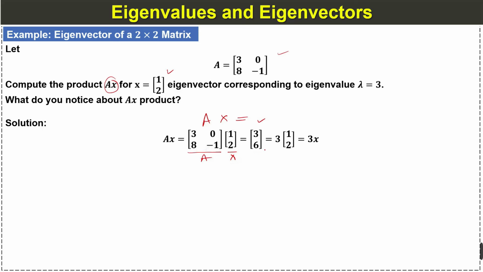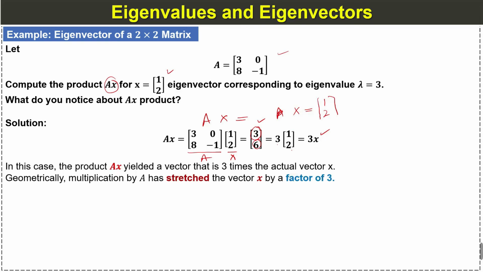We can take 3 common from this vector, which gives 3 times [1 2]. We can see that this is our original vector x, so the result is 3 times the original vector x.